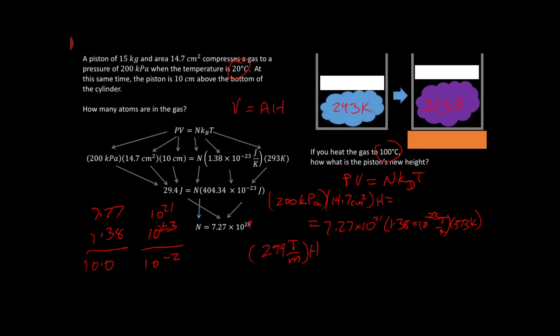So we have basically 0.1003. We're going to multiply that by 373 Kelvin. Right, so that's going to give us something like 37.4 joules. All right. And so we just divide through by 294 on each side.